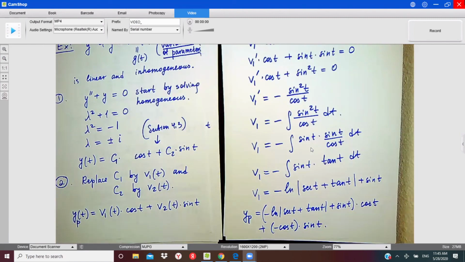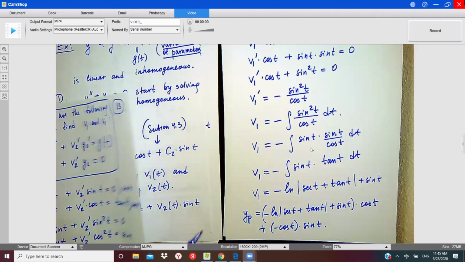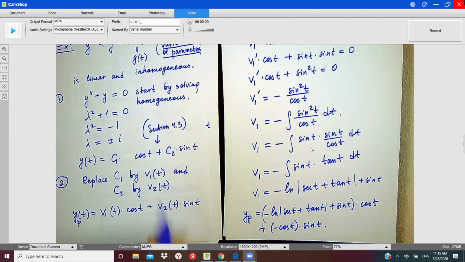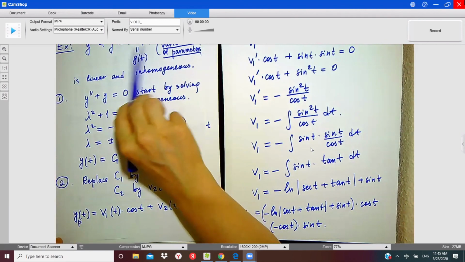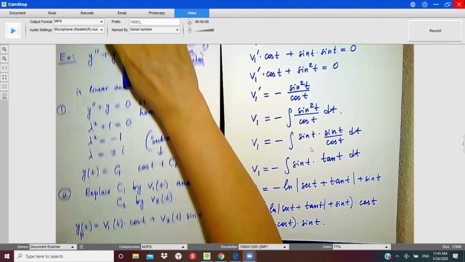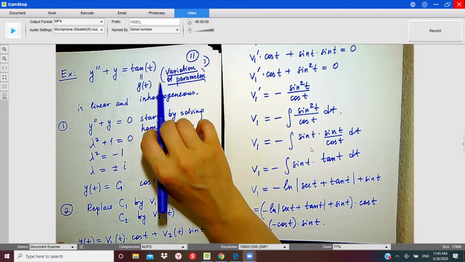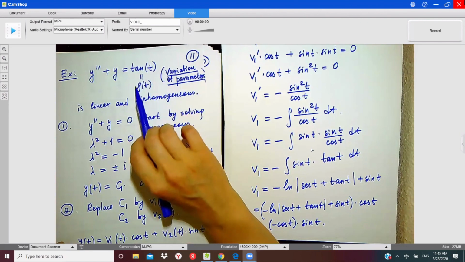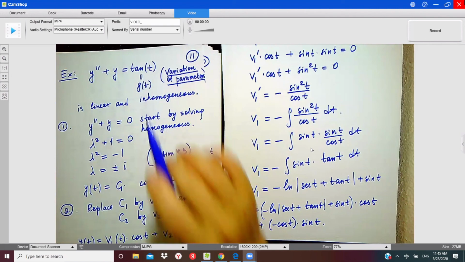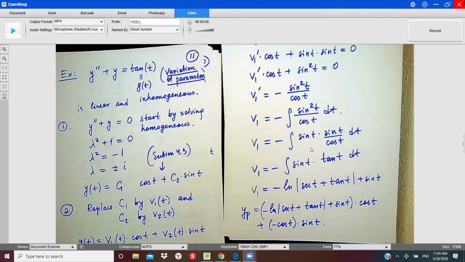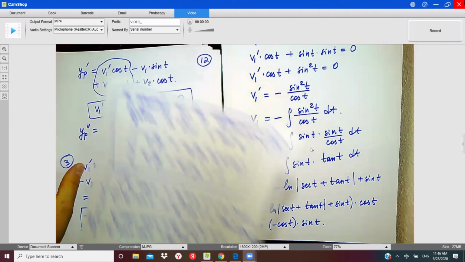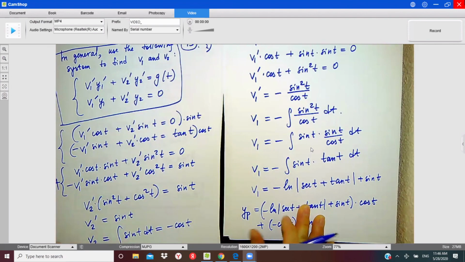So yes, this one maybe not the best example. It's a good example because you cannot really solve this using the undetermined coefficients with this tangent here. So this example shows that this method is the only one to use in this particular situation. However, the method itself is a little tedious for this problem. So again, any questions?